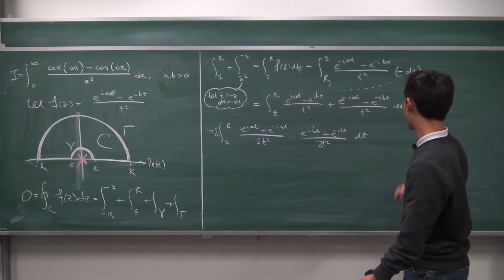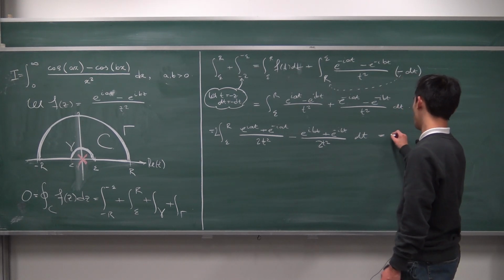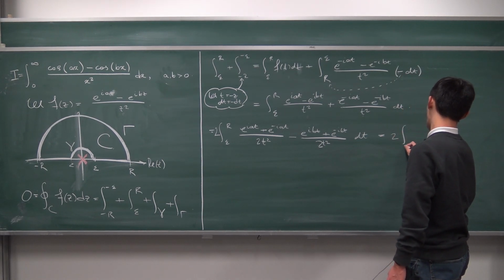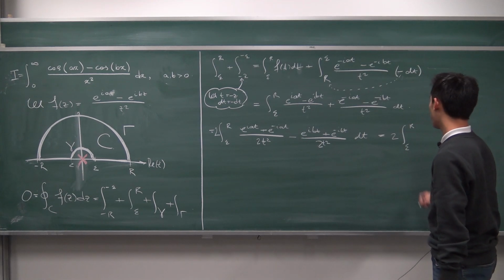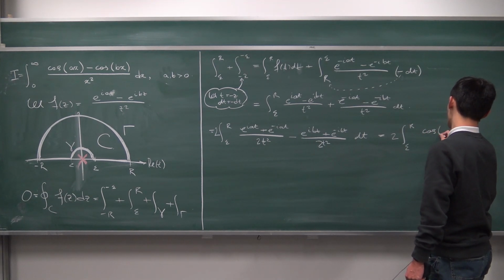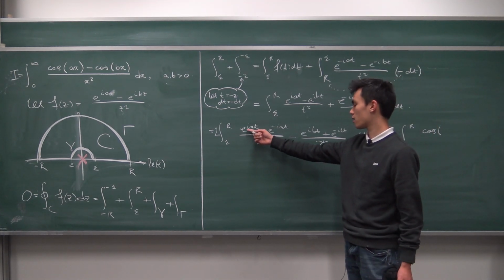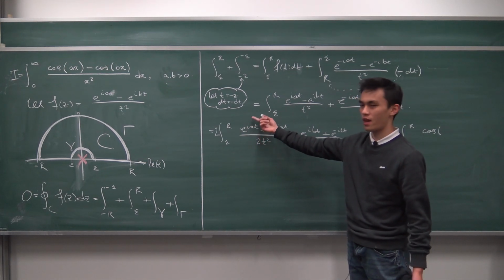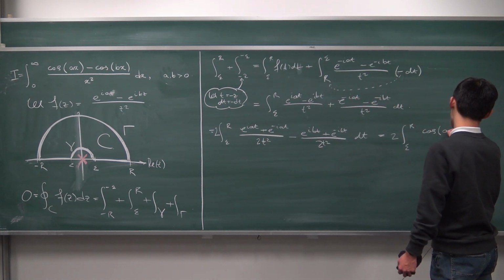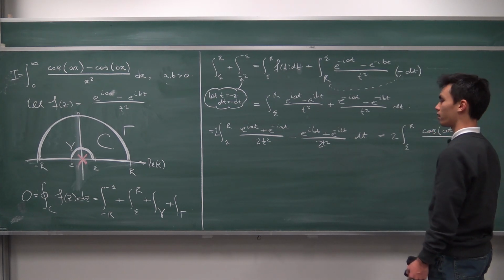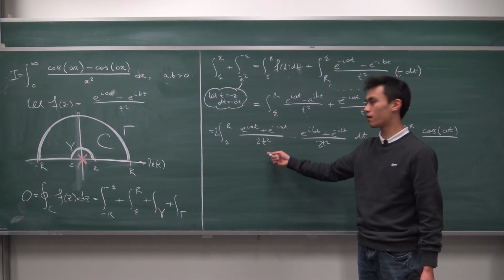So we can rewrite this a little bit. This is going to be equal to 2 integral from epsilon to r, okay? And then we're going to have the cosine of what? It's at, because it's the thing without the i, pretty much. So that's at divided by, well, t squared at the bottom here.